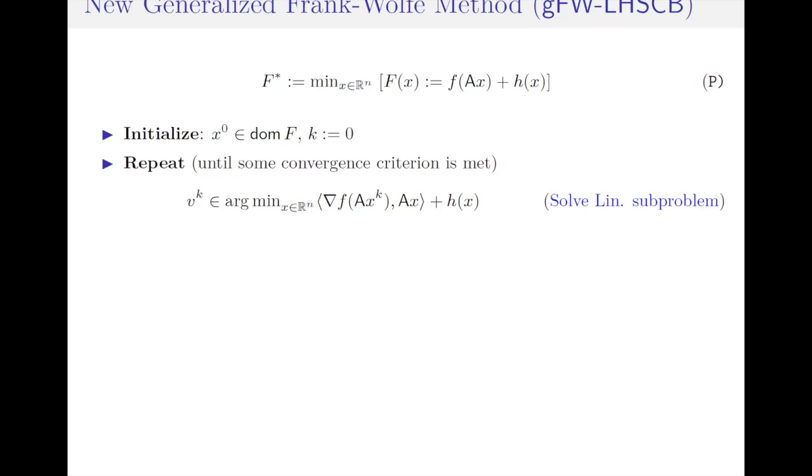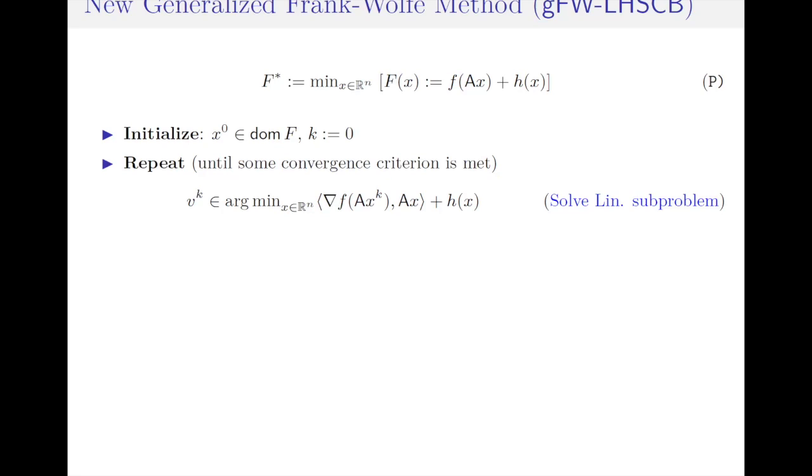But if we allow H to be not just an indicator function but some very simple function, for example, the L1 norm, then this linear subproblem can also be very easily solved. This makes the Frank-Wolfe method slightly more general.